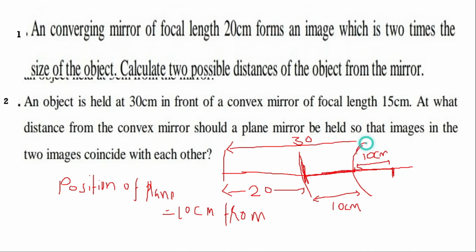This is the convex mirror, and we keep the plane mirror 10 centimeter away from it. So automatically 10 plus 20, 30 centimeter. This is the object already, right? The object will be common for both mirrors. So 20 centimeter is the object distance for the plane mirror. Behind the mirror, it will form at 20 centimeters. This is 10 already there, and this 10. So this image will be coincident for both the mirrors. I hope you understood well.